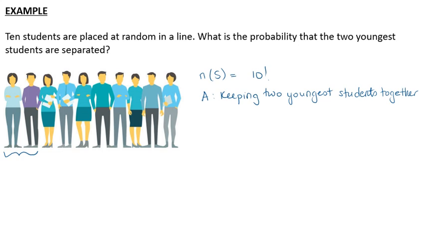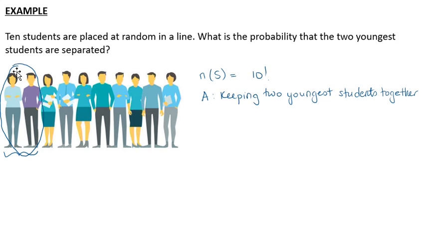We're going to pretend like these two students are one student, right? So we're going to treat these two as one object, and then work out the number of ways of arranging our objects. So instead of having 10 objects to arrange, we're going to have 1, 2, 3, 4, 5, 6, 7, 8, 9 objects to arrange, right? If we treat those two as one.